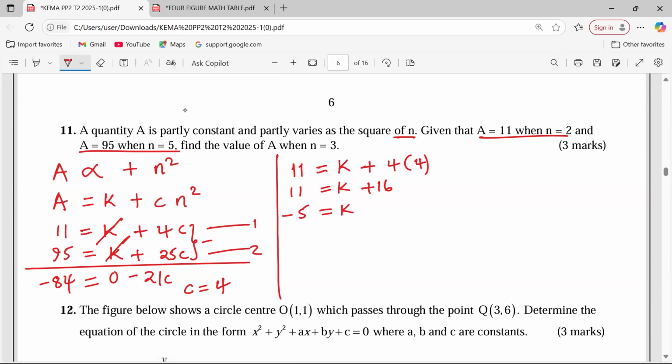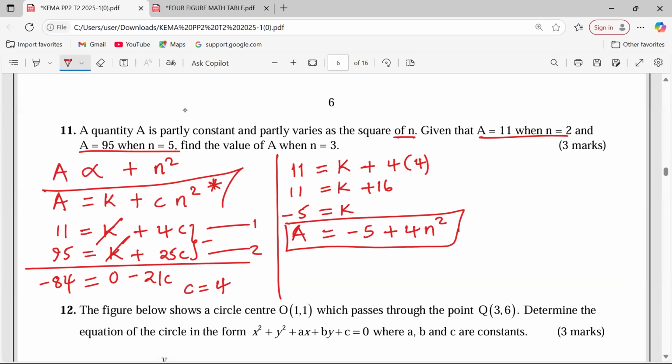Negative 5, very true. So the original equation now, which is here, can be rewritten as a specific equation. A equals negative 5 plus 4N power 2. This is the general equation. No, the specific equation. This one is the general equation. So we are having now the specific equation that connects the two quantities. Find the value of A when N equals 3.